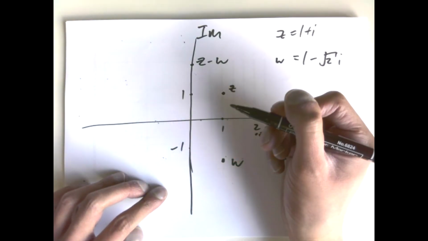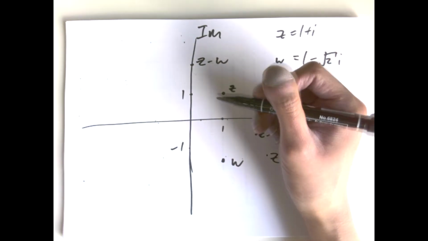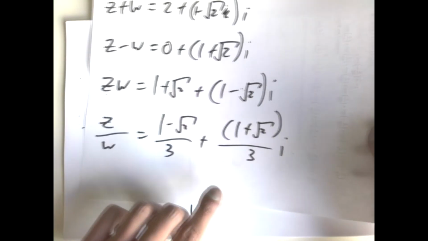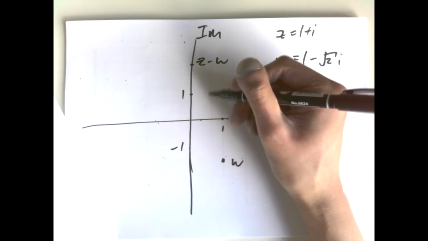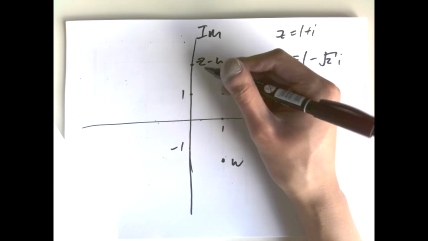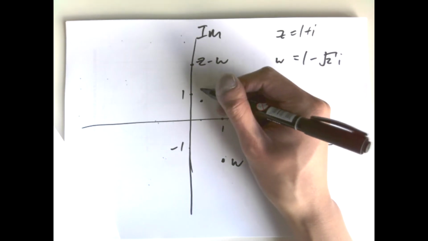That's the real part, and the imaginary part is going to be 1 plus root 2 divided by 3, so somewhere here.